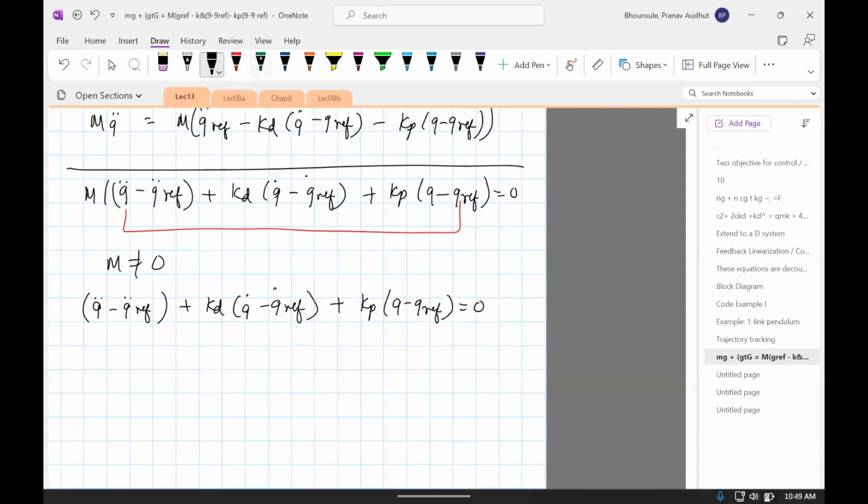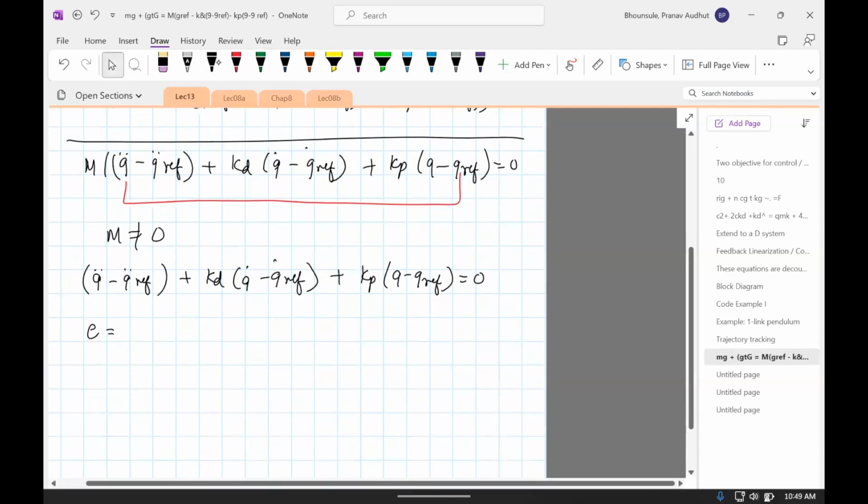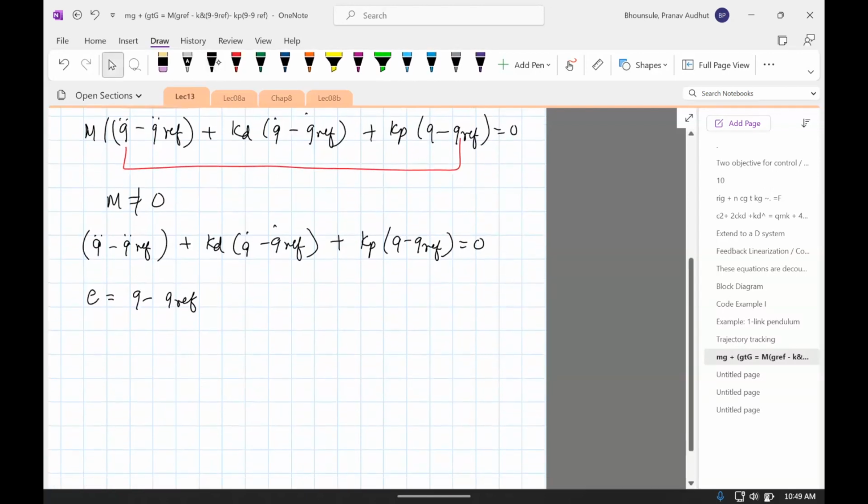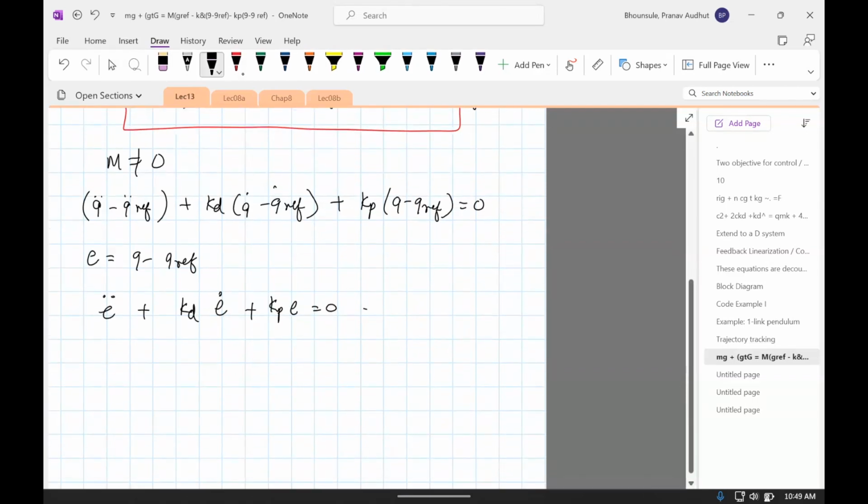If we take E to be basically the error between q and q ref, then we can write this as E double dot plus kd E dot plus kp E equals 0.